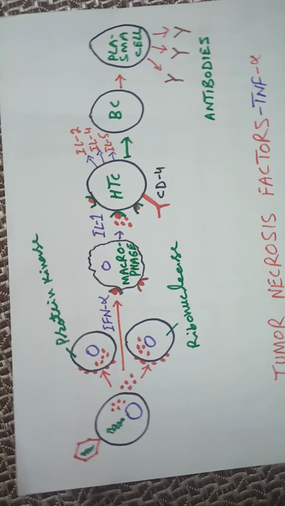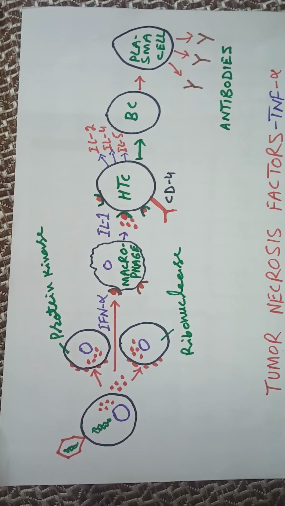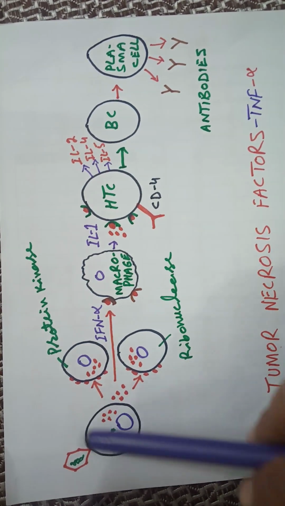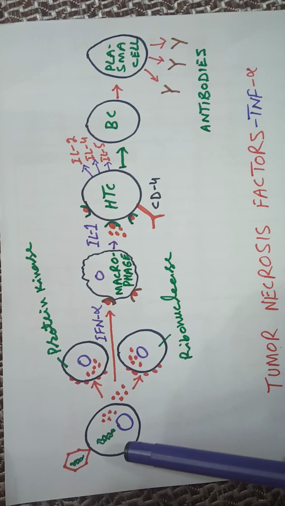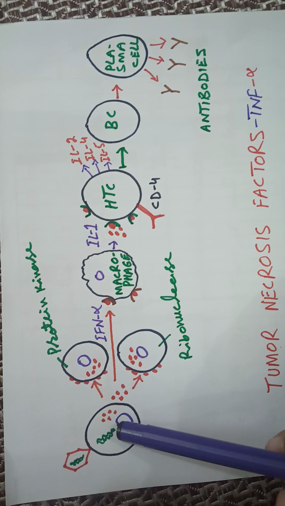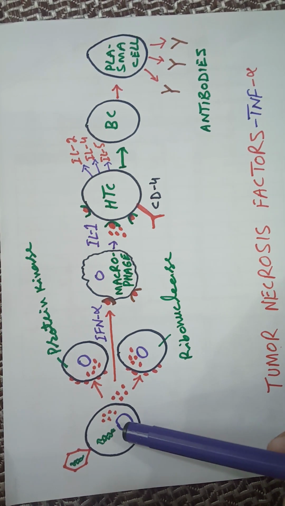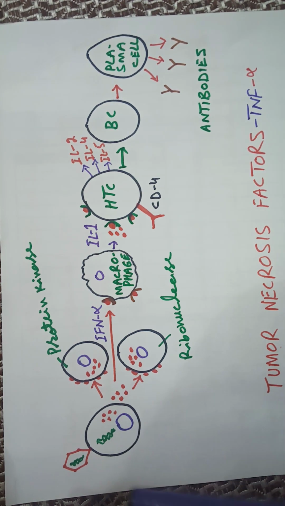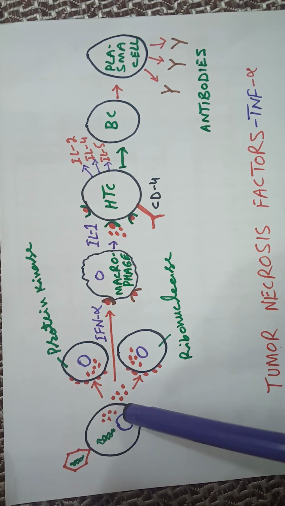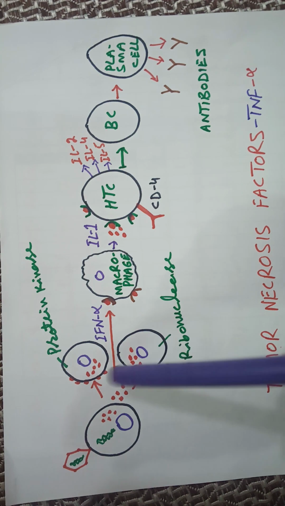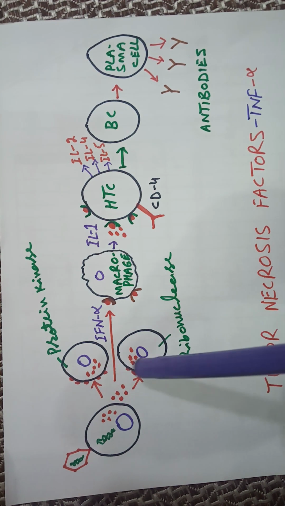Now we discuss this diagram. For example, when a virus attacks our body cell, the body cell produces interferon alpha because the nucleus is activated and synthesizes interferon alpha. This interferon alpha is released and attaches to the nearby cells on their receptors.